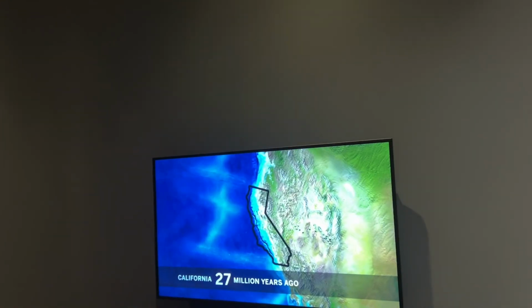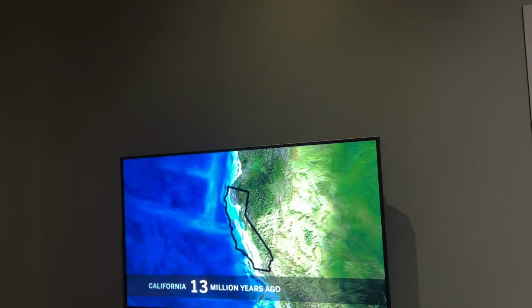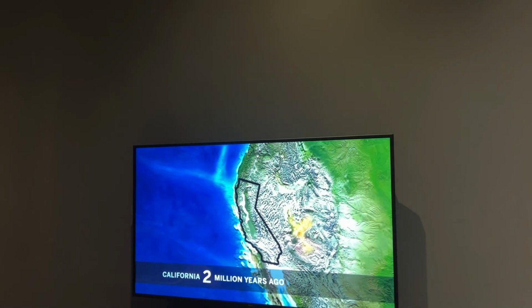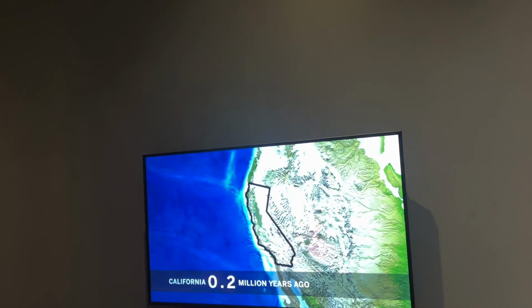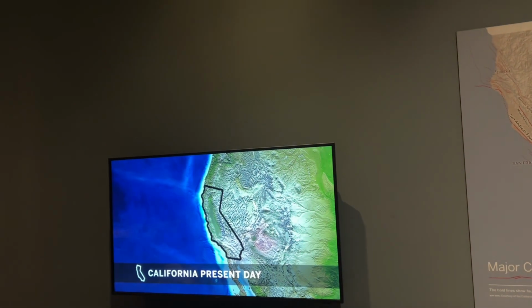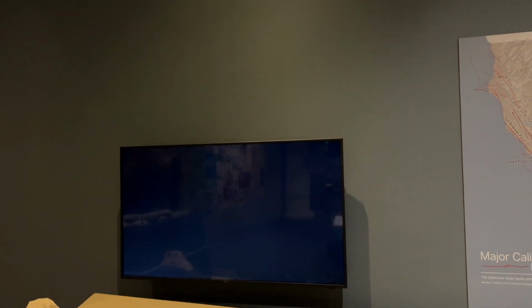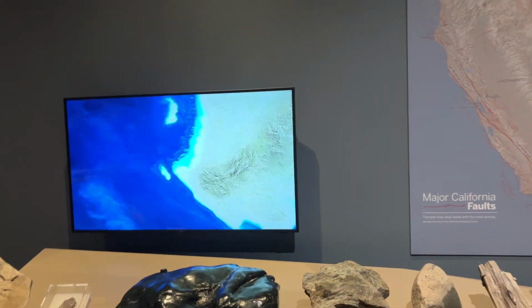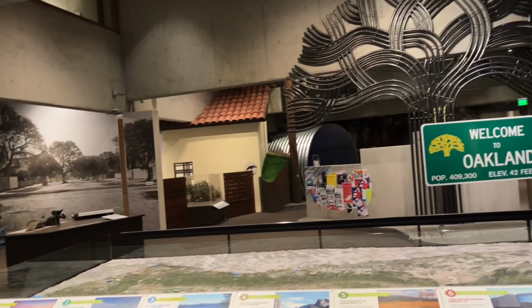California was in the water, out of water, in the water, out of water. And the land is a very active land. It's evolving and changing.